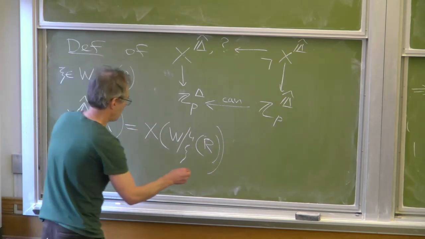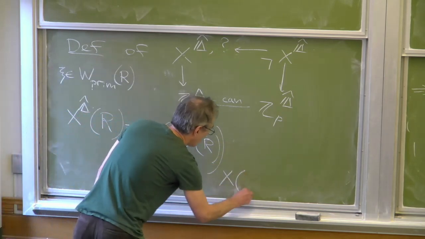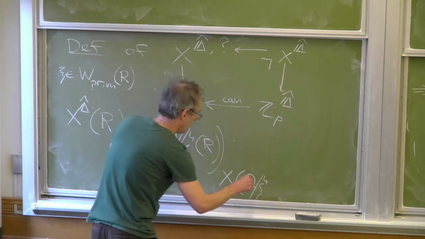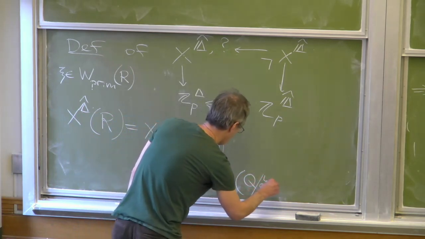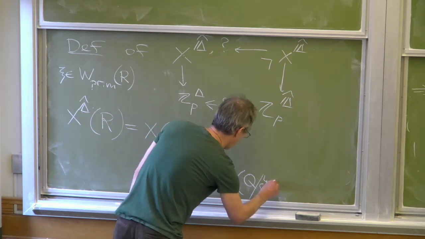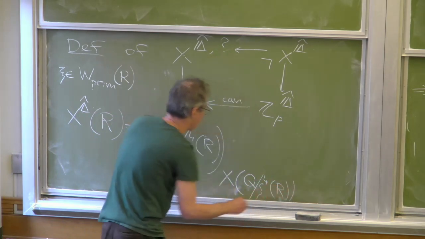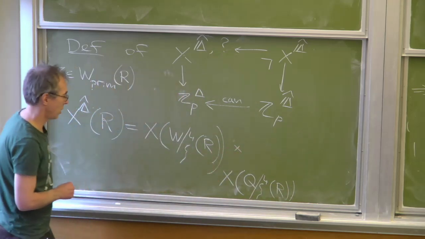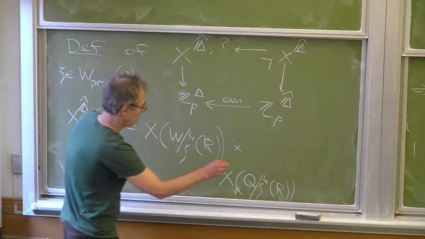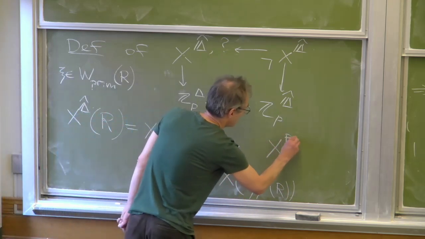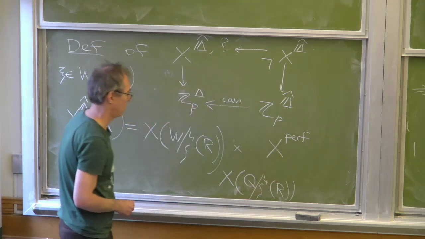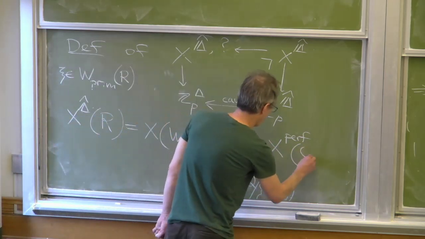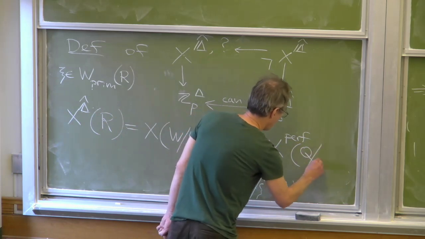The other object that you want to consider is X of Q mod C, of, now what you put here, that will be the fiber. So you take X perf of Q mod C.